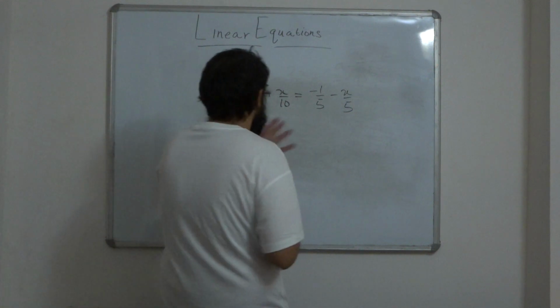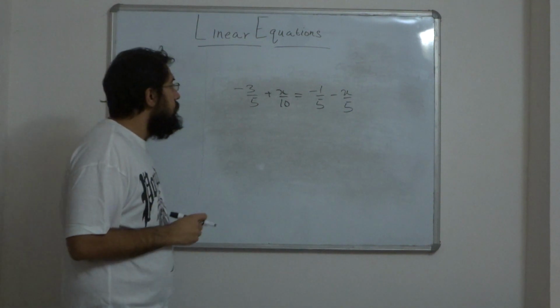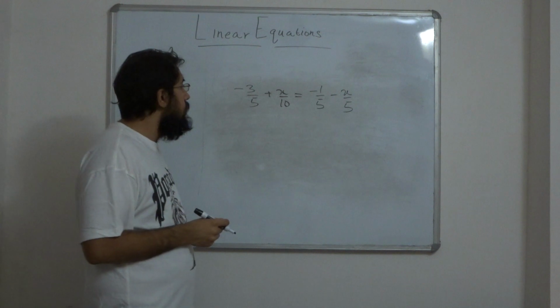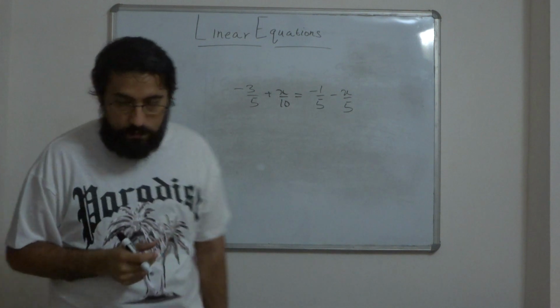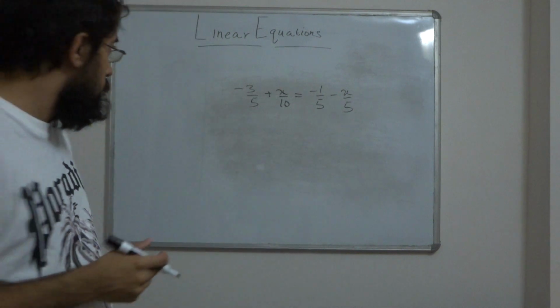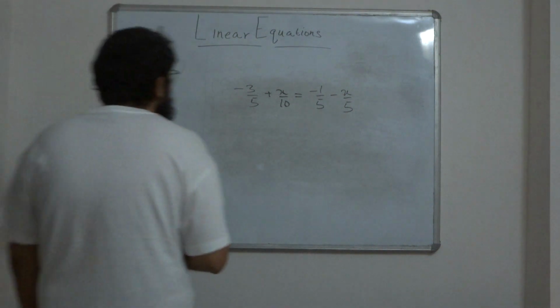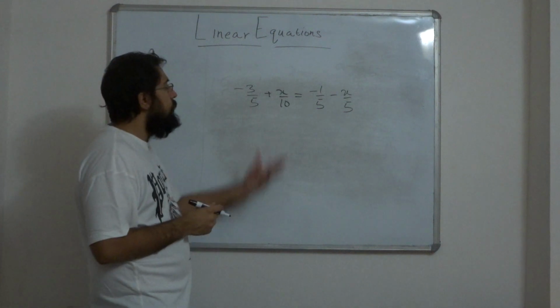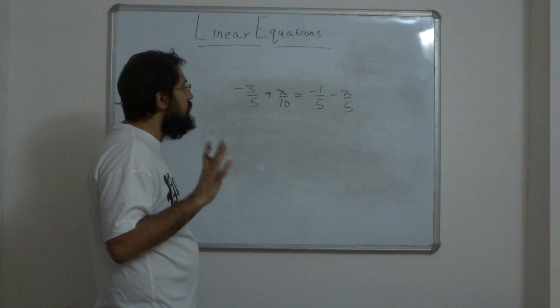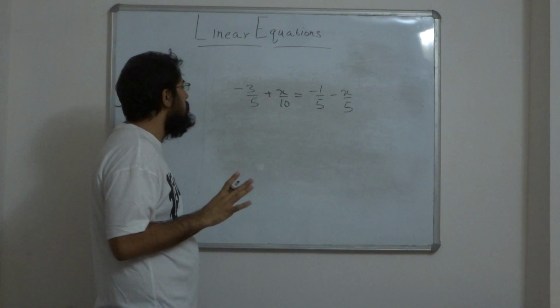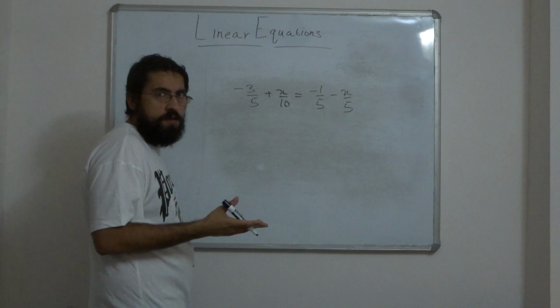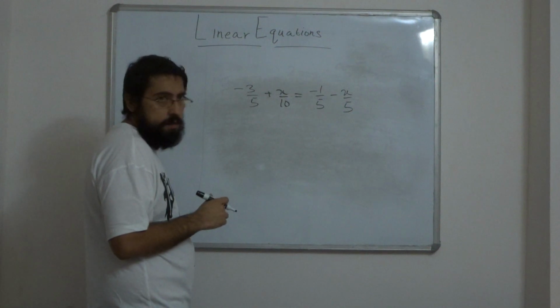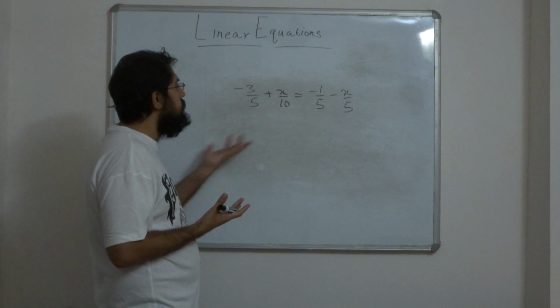So how would you solve this, guys? This is a very tricky one. There are two ways you can solve this. You can either use the ax plus b equals cx plus d form and solve it.